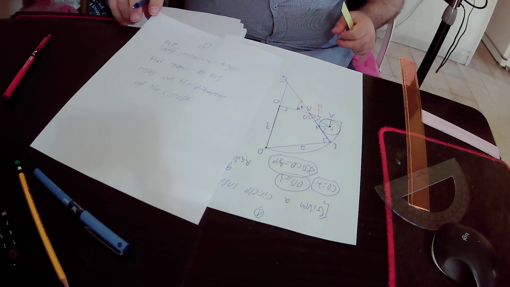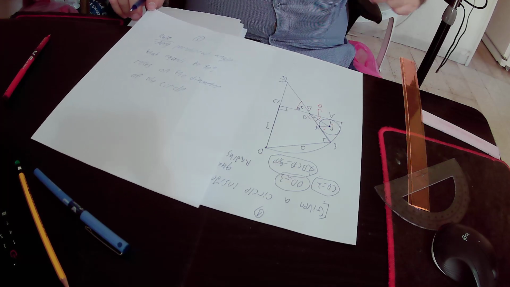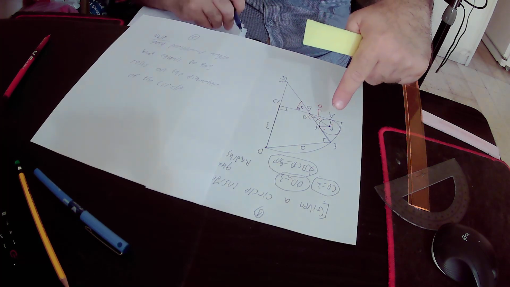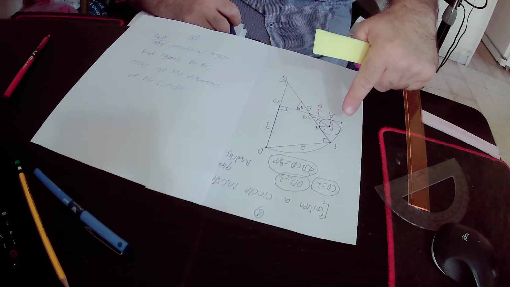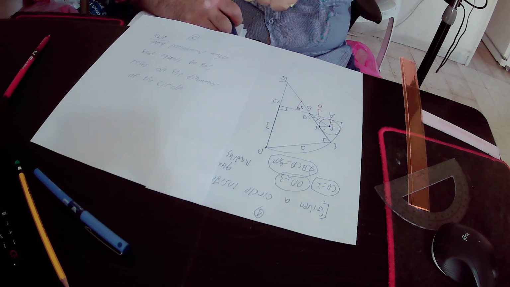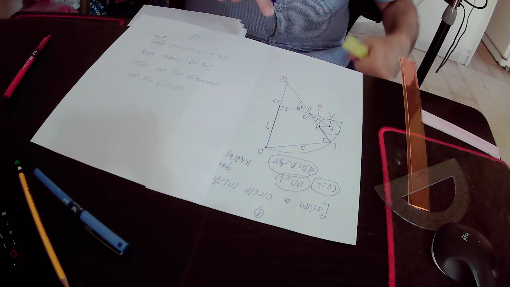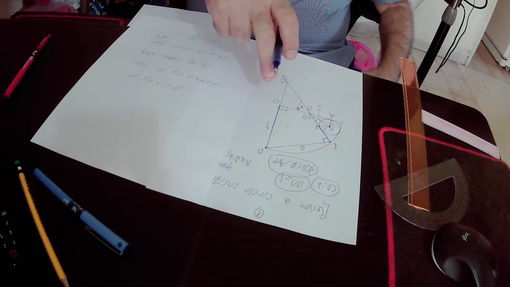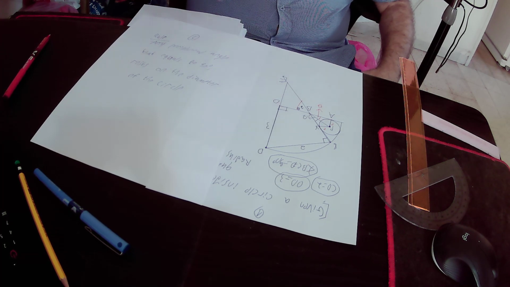So therefore we know that peripheral angle BCD equals 90 degrees. Therefore, according to this rule, peripheral angle BCD rests on the diameter of the circle. So ED is the diameter of the quarter circle.